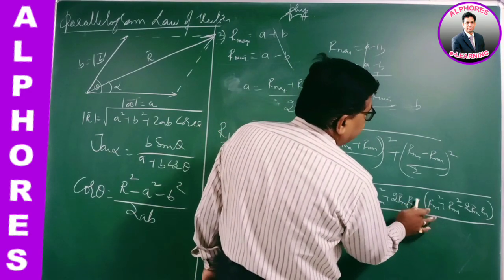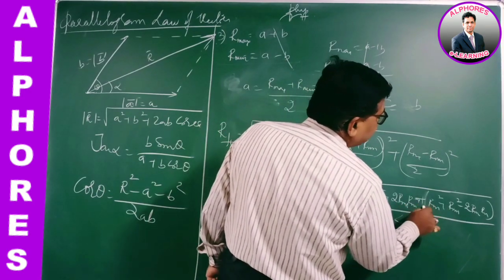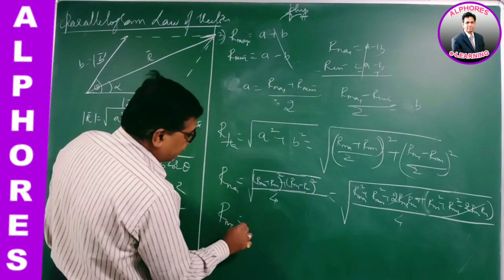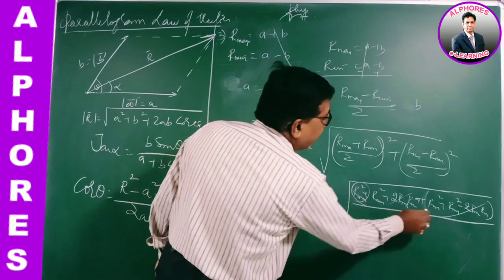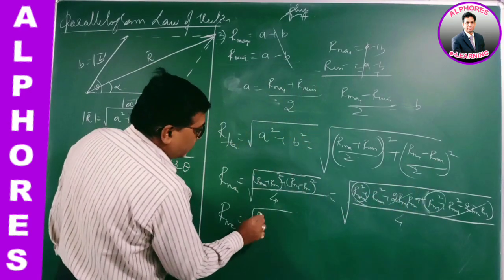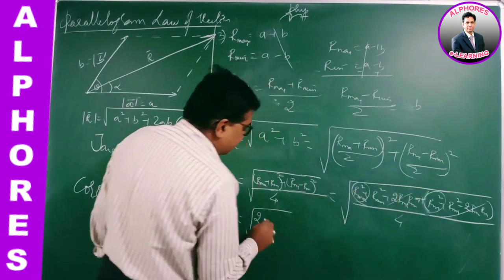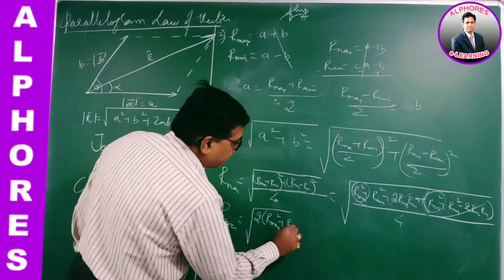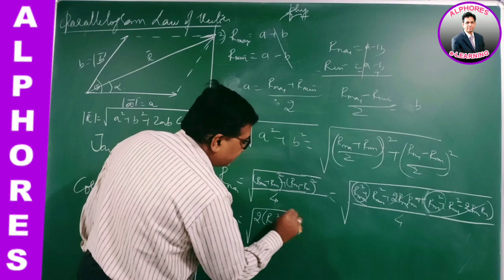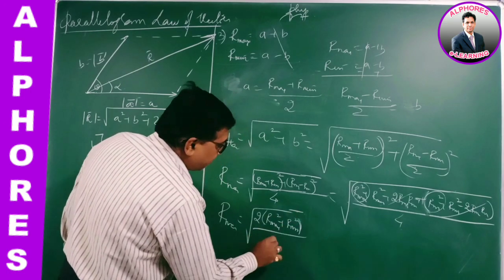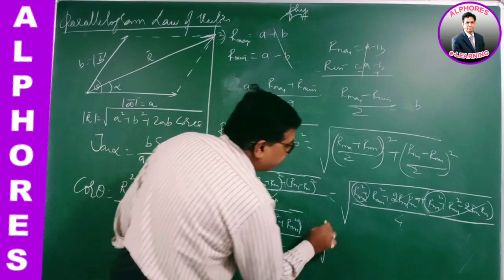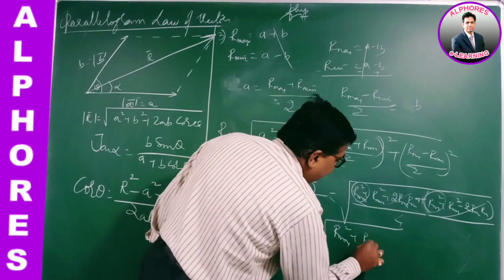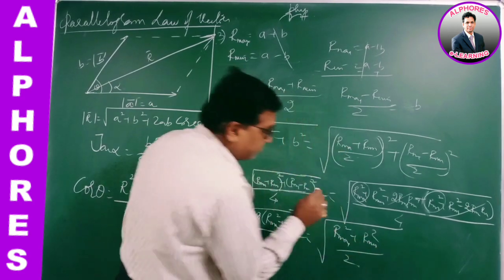If I take the bracket out, this and this get cancelled. So it is 2 times R max square plus 2 times R min square by 4. The final answer is under root of (R max square plus R min square) by 2.